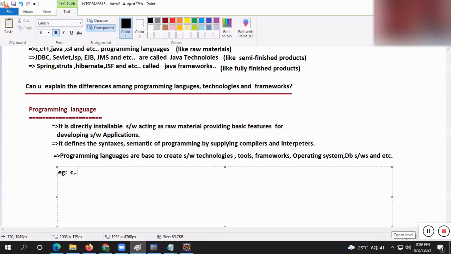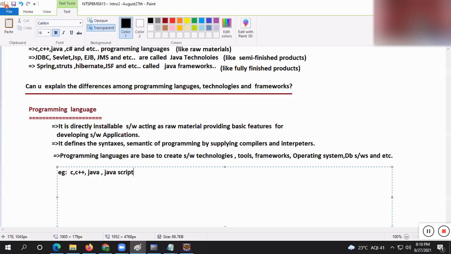Okay. Examples: C, C++, Java. Nowadays, people are calling JavaScript also one programming language. Earlier, JavaScript was a smaller one. That's why for a few days, they called it a scripting language. But after the arrival of AngularJS, Angular, Express.js, Node.js, it has got its own dedicated environments nowadays, right? So that's why people started calling JavaScript also one programming language.